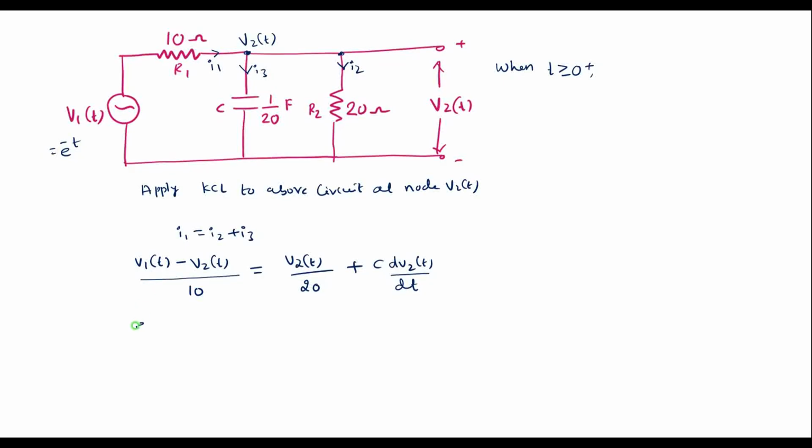So let me substitute that: e power minus t minus V2 of t divided by 10, minus V2 of t over 20, minus, I'll take these two terms on the left hand side, so here C value is 1 by 20, that is 1 by 20 dV2 of t by dt, is equal to 0. We'll call it equation 1.